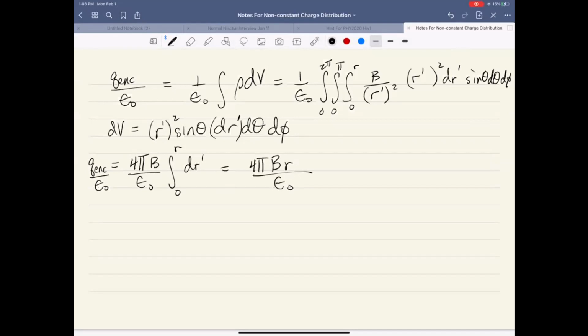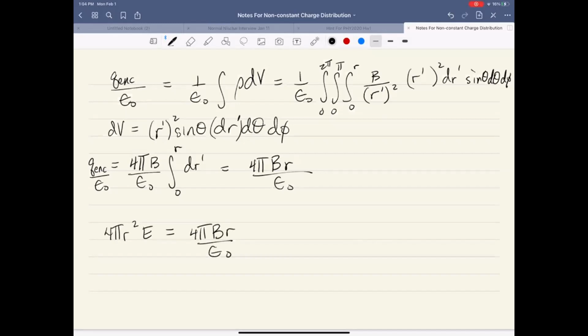Okay, so I've solved for Q enclosed over epsilon naught, and I've solved for the integral around the closed surface of E dot dA. Now the next step is to set those terms equal to one another and solve algebraically for my electric field magnitude. So here we go. 4 pi r squared E, that's the left-hand side, which is the integral of E dot dA, set equal to Q enclosed over epsilon naught, which is 4 pi br over epsilon naught.